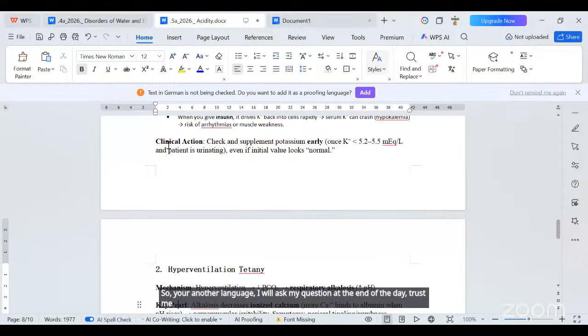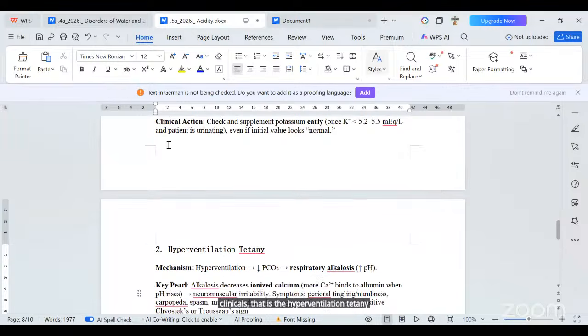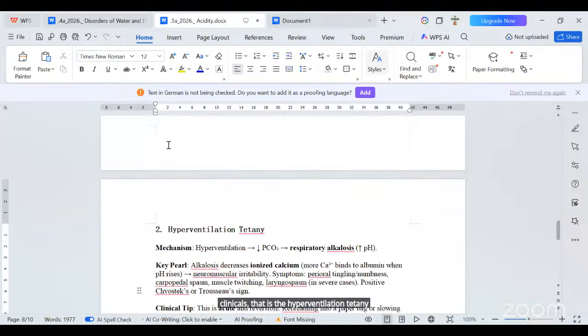So the next clinical state is hyperventilation tetany. In this, hyperventilation leads to reduced PCO2, reduced levels of CO2. What's CO2?